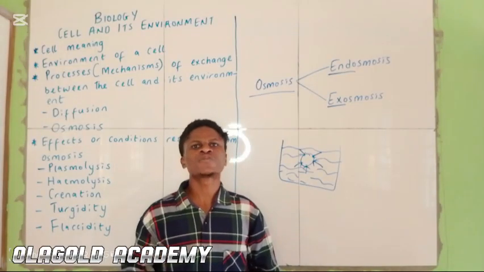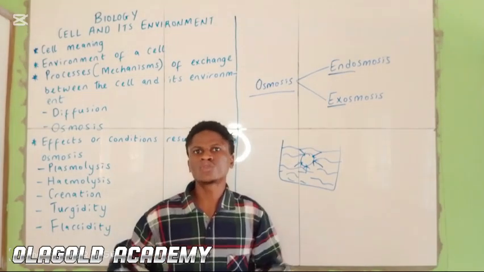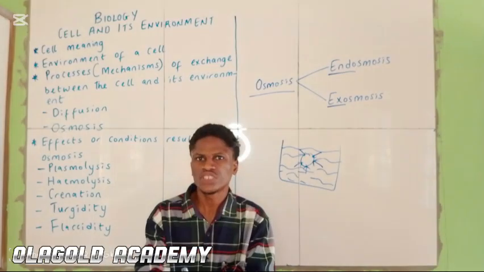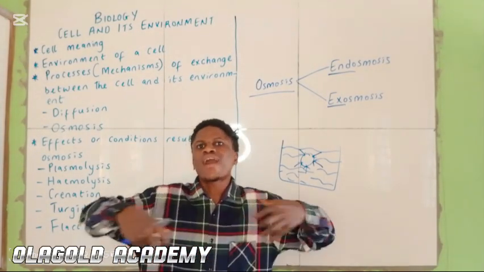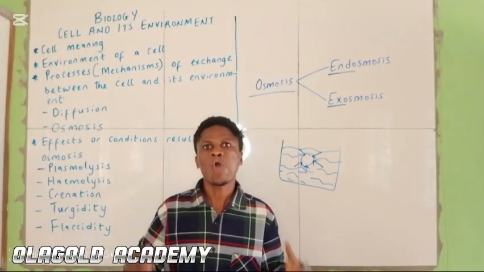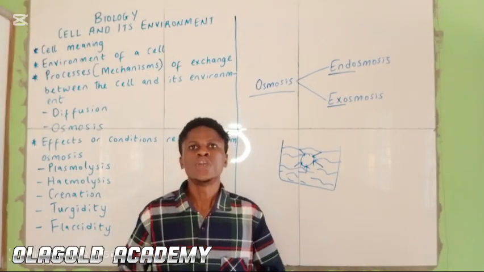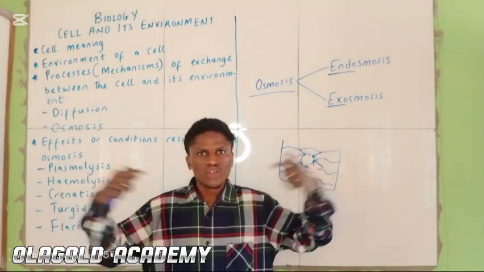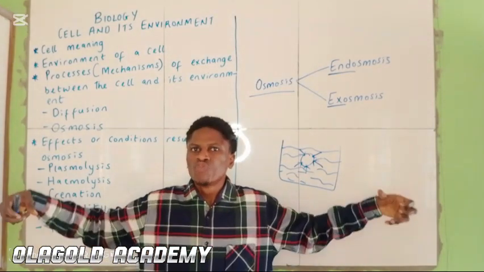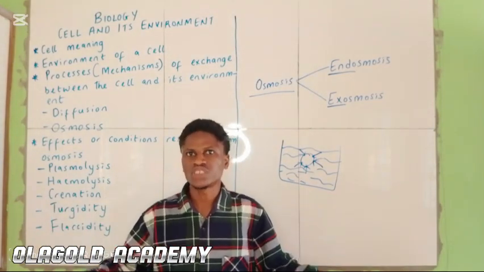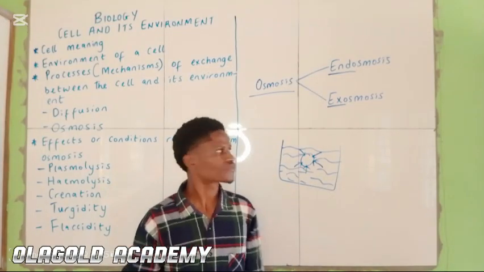And if water is being released from the cell to the surrounding, exosmosis has taken place, meaning outward movement of water molecules. Inward movement of water molecules is endosmosis. Outward movement of water molecules is exosmosis.